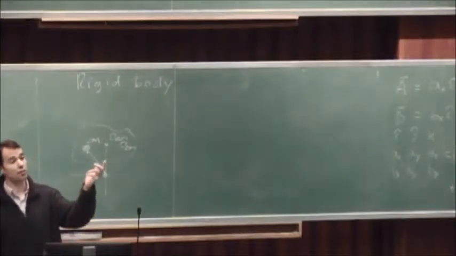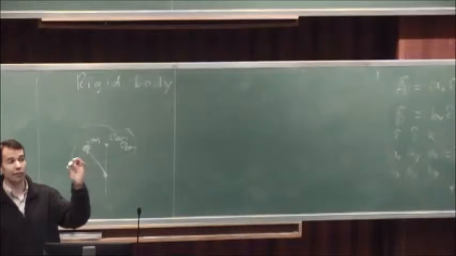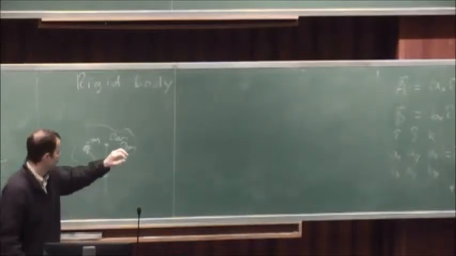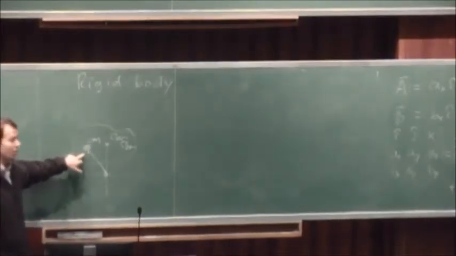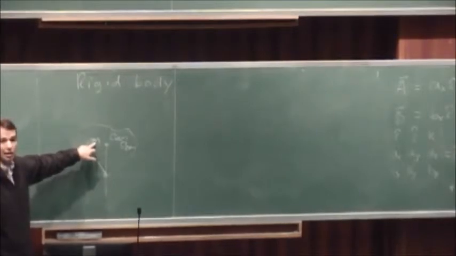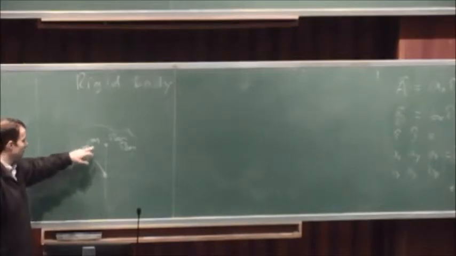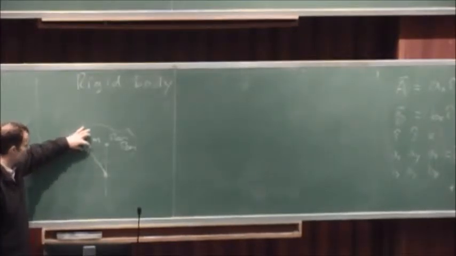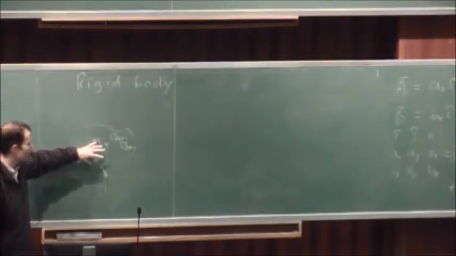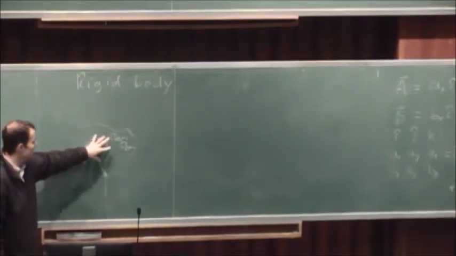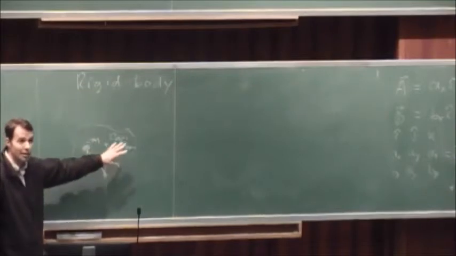Well, first of all, I can find the angular momentum of one of the individual little tiny mass elements that I'm talking about here. I can just call that delta M1. Basically, I can call this a little mass element, and then I can sum over all of these, or integrate, and that will give me the total angular momentum of the system, right?